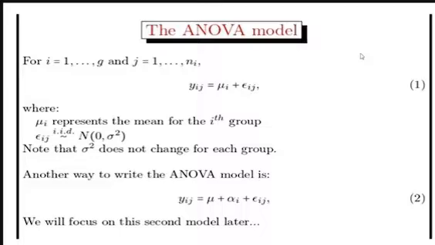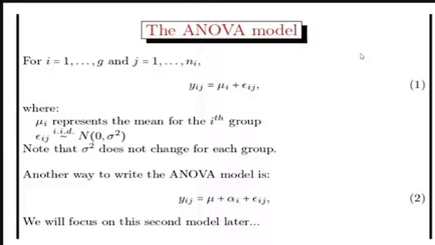So what I'm trying to show you is that mu i is equal to mu plus alpha i. When I write this mu i, it means I'm writing mu plus alpha i plus e_ij, which means this guy here is the same as the mu i.